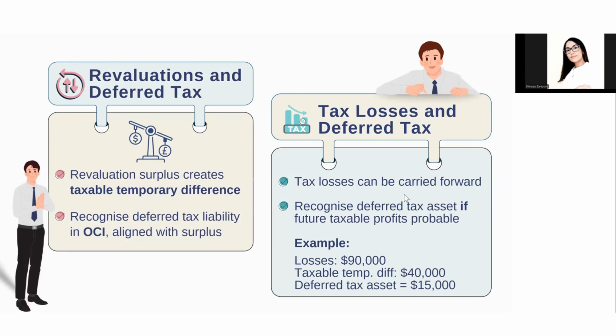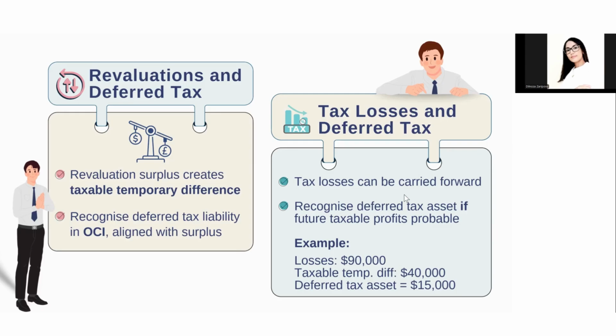So for some organizations, let's say as an incentive, maybe government allowed to carry forward their losses. What does it mean? If you have tax losses this year, you can carry forward to the next, let's say, 3 years, right? In this case, we need to recognize deferred tax asset if future taxable profits probable.